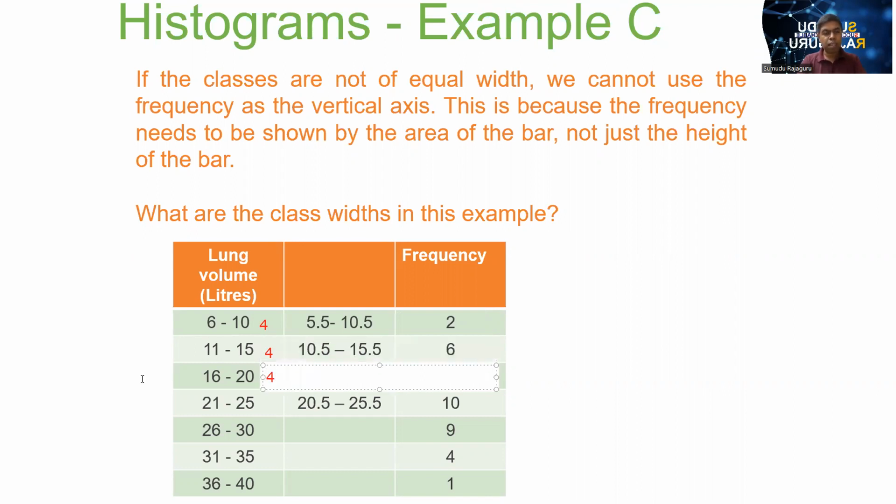So in this case, we can observe class widths are equal, but is it continuous data? You can see it ends with 10, the next class starts with 11. Ends with 15, the next class starts with 16.